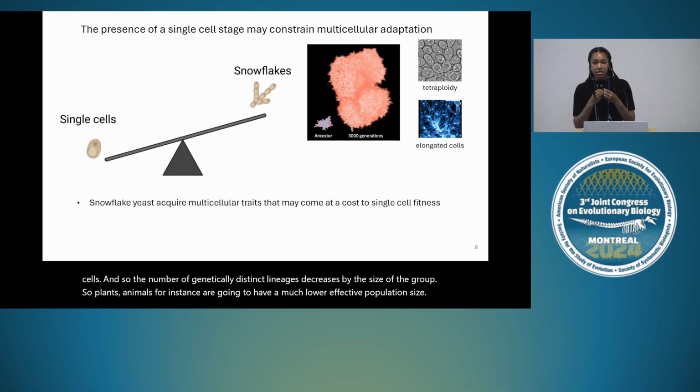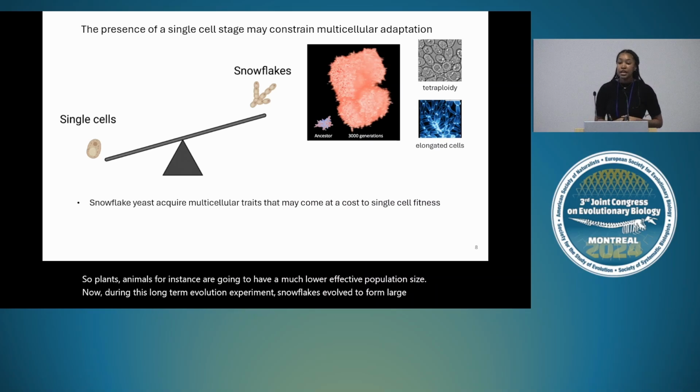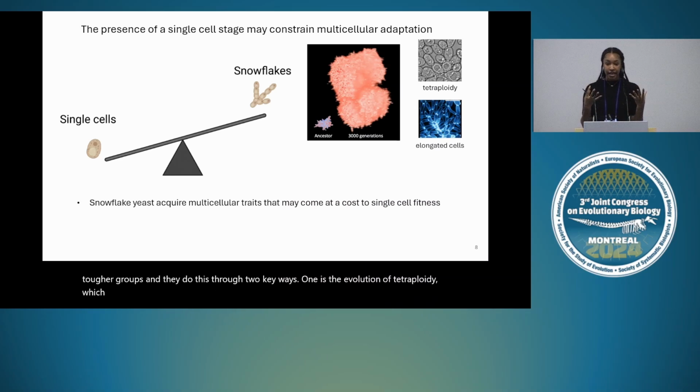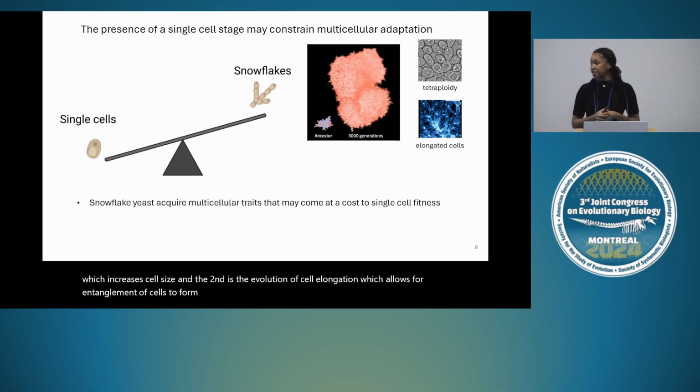Now, during this long-term evolution experiment, snowflakes evolved to form larger, tougher groups. And they do this in 2 key ways. One is the evolution of tetraploidy, which increases cell size. And the second is the evolution of cell elongation, which allows for entanglement of cells to form those tougher groups.